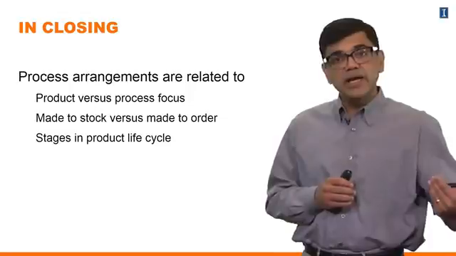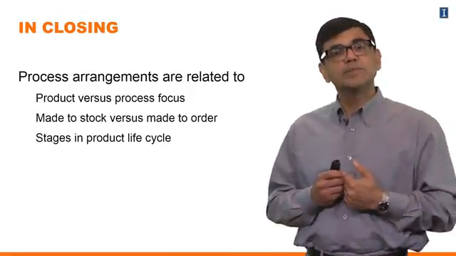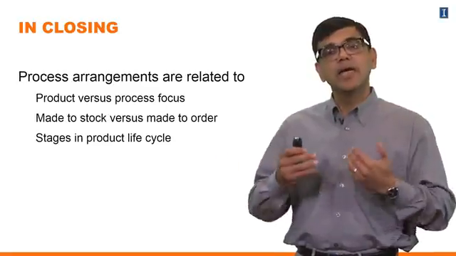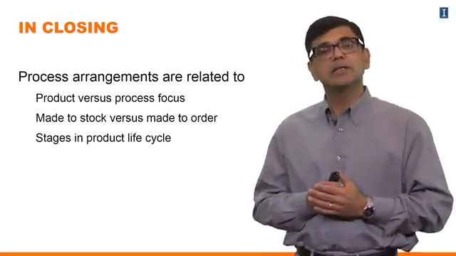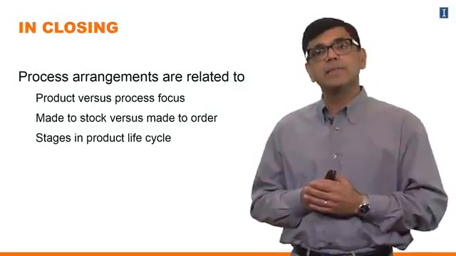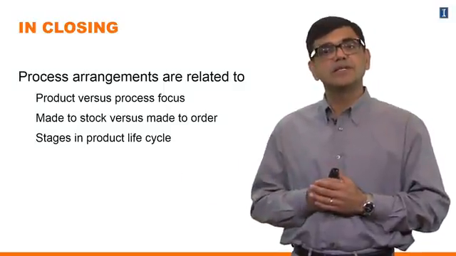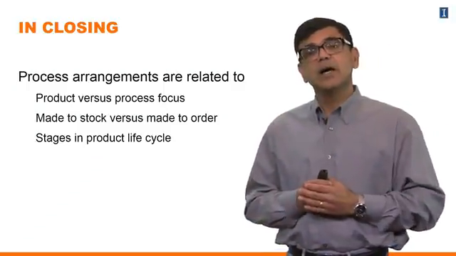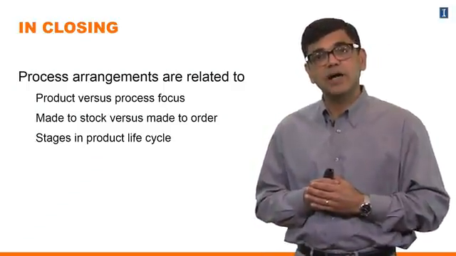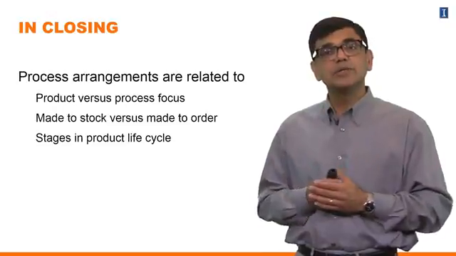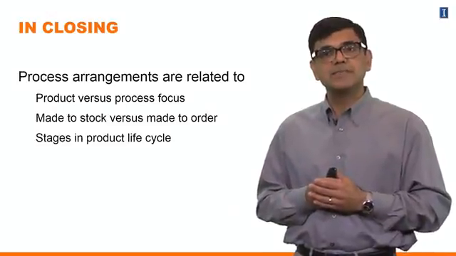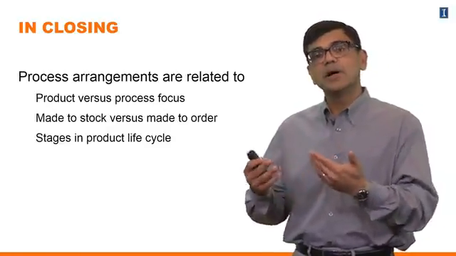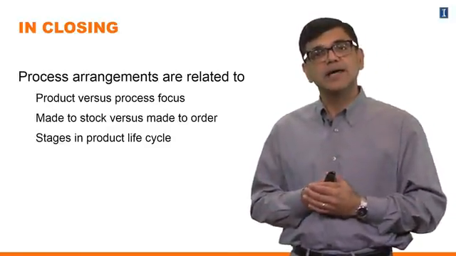So initially you might start off with a job shop kind of environment, move towards a line when you get into high volume, and then once the product matures in its life cycle and its demand starts to decline in that particular version, you might relegate it back to a job or a batch kind of environment. So that's how you can think about different process types. Other than thinking about it from what the customer wants, you can think about it in these kinds of dichotomies as well.